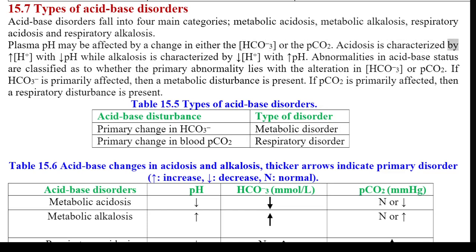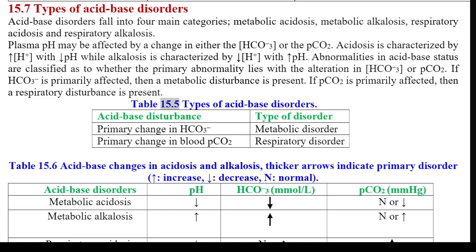Acidosis is characterized by increased H+ with decreased pH, while alkalosis is characterized by decreased H+ with increased pH. Abnormalities in acid-base status are classified as to whether the primary abnormality lies with the alteration in HCO3 or PCO2. If HCO3 is primarily affected, then a metabolic disturbance is present. If PCO2 is primarily affected, then a respiratory disturbance is present.